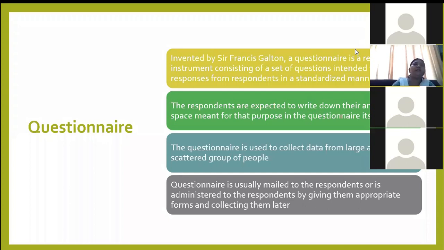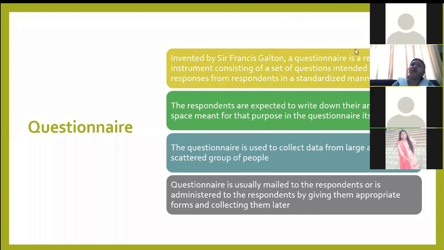The research investigator sends the questionnaire, and the respondents are expected to write down their answers in the space meant for that purpose.